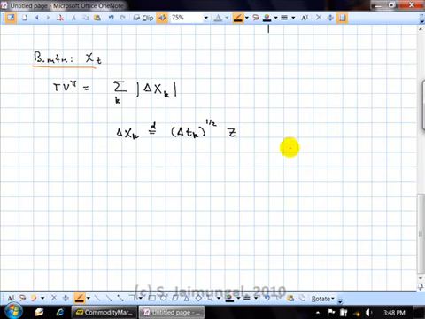And effectively, we're going to try to use this quasi-relationship. So this tells me that my total variation is kind of like the sum over k of delta tk to the 1/2 times, now here's the problem, I have to use a different standard normal for every one of them, okay?